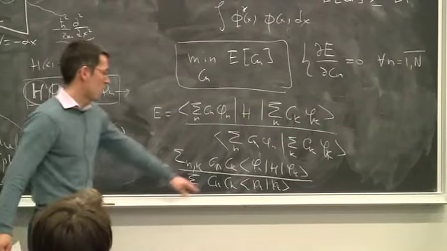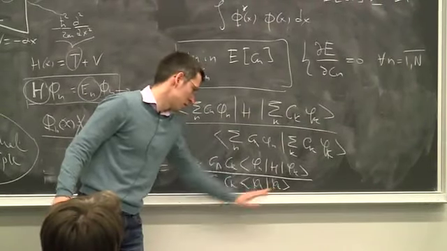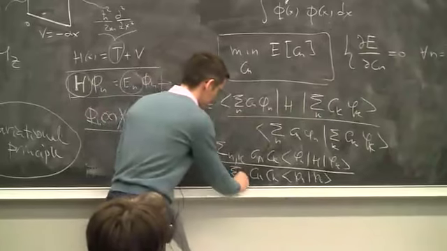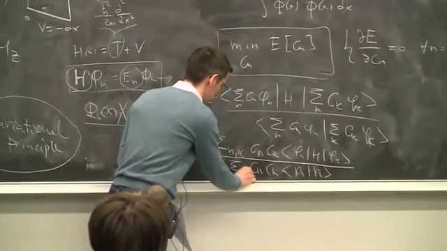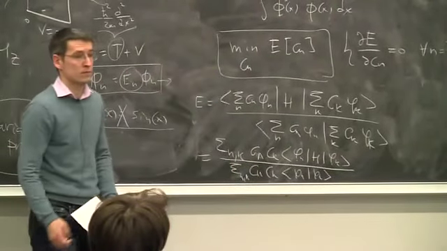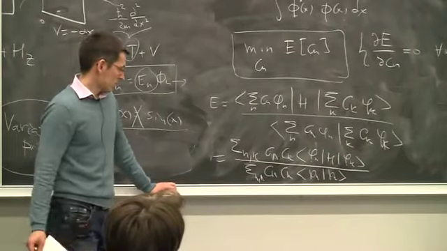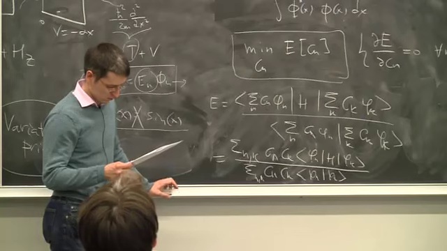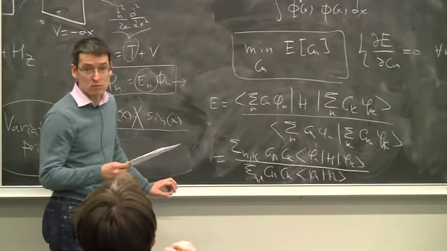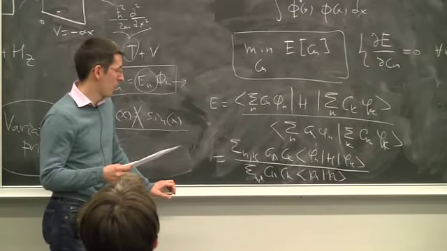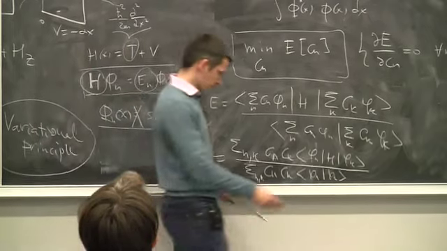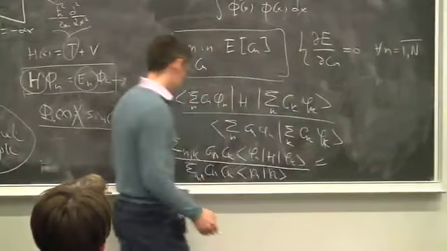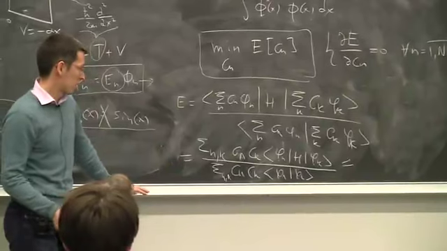Can we say anything about the integral in the denominator? Somehow simplify that integral. Yeah. So it's 1 if n equals k and 0 if n is not equal to k? That's correct. So that's kind of a manifestation of orthonormality.